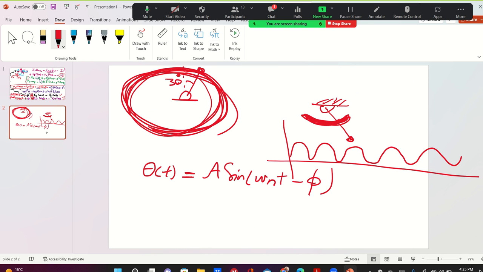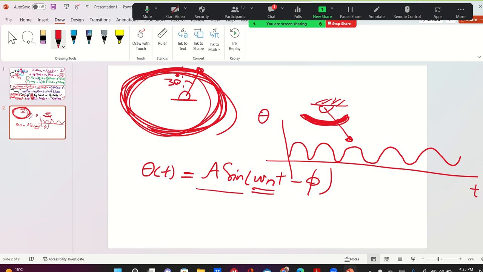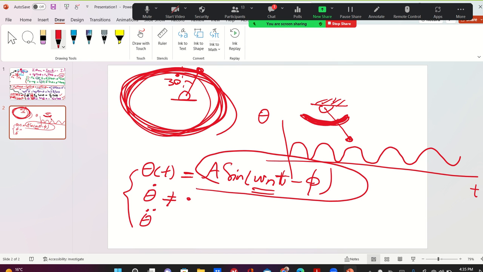Don't ask me what's in n. Omega n is the natural frequency in vibration, but it shows that if this is the angle of the pendulum and this is theta, you're going to have this. So you have theta dot because sine is changing with time. That's right, omega n t, and you have theta double dot. Okay, and none of them are zero.